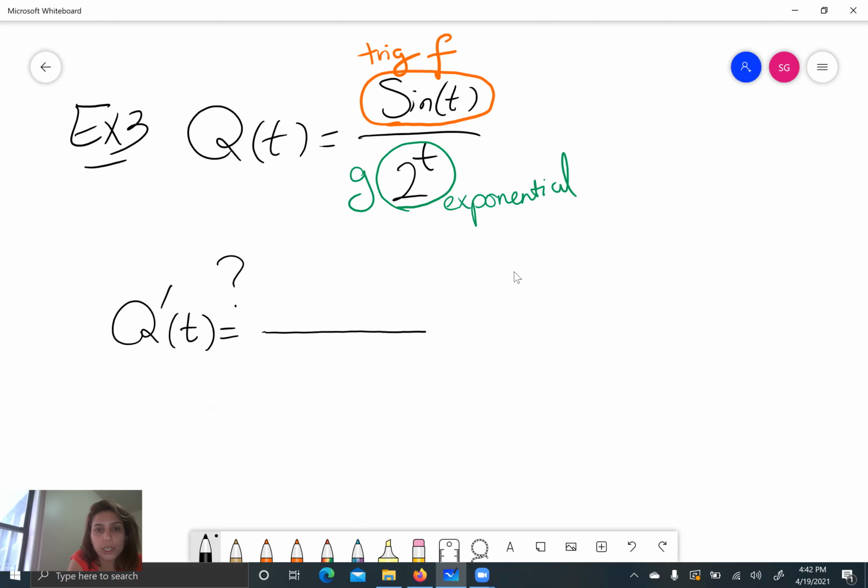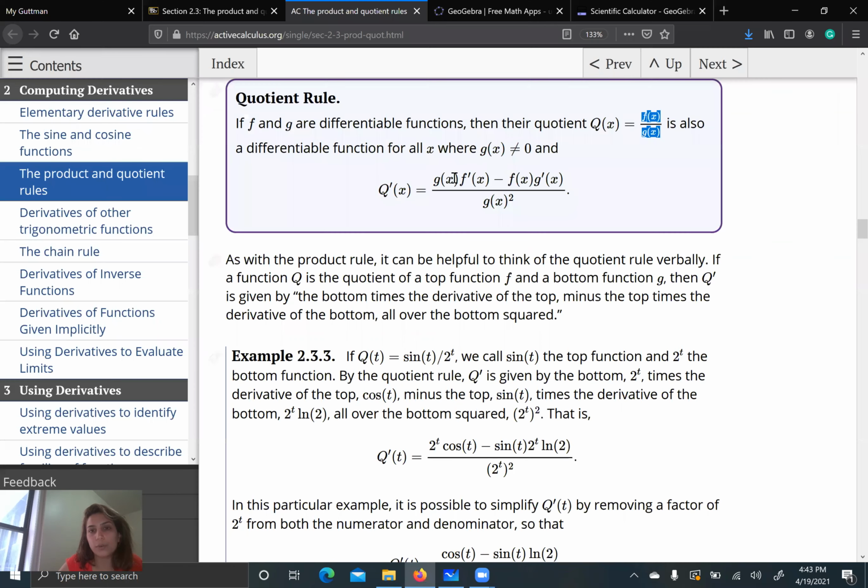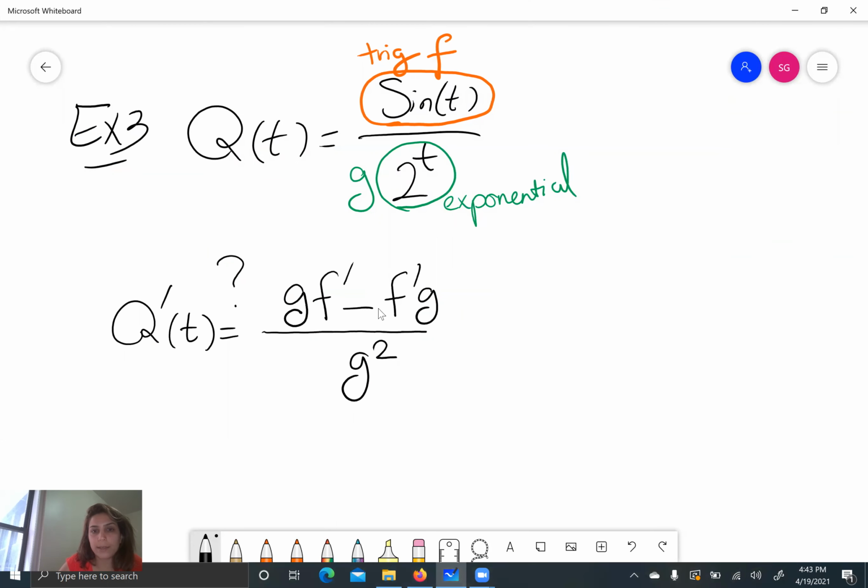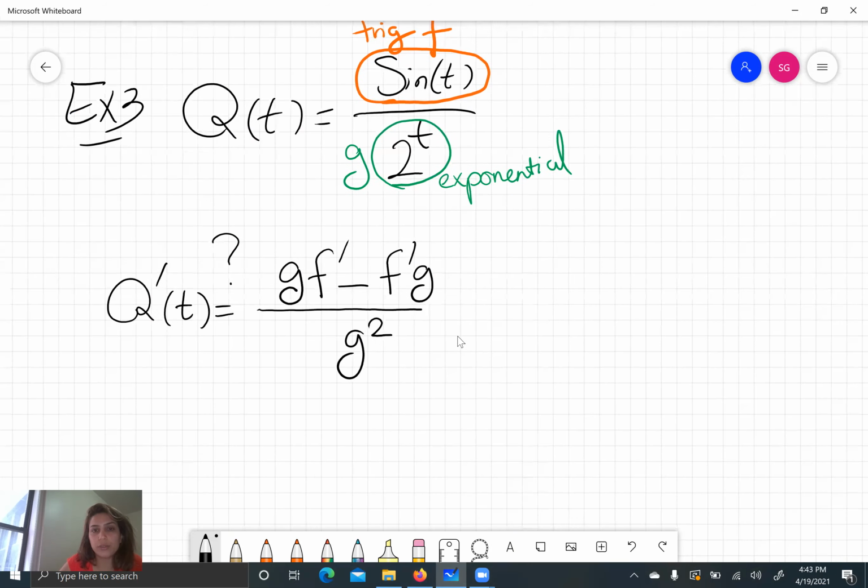By the quotient rule, we know that this is going to be g times f prime minus f times g prime over g squared. I'm just copying the quotient rule.